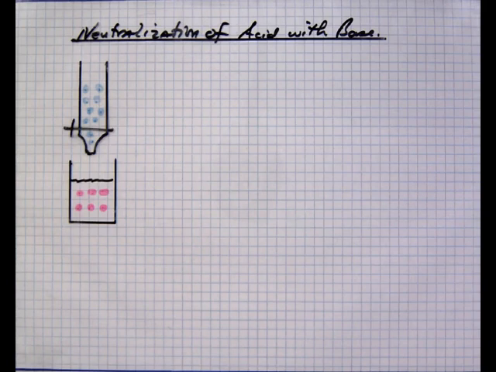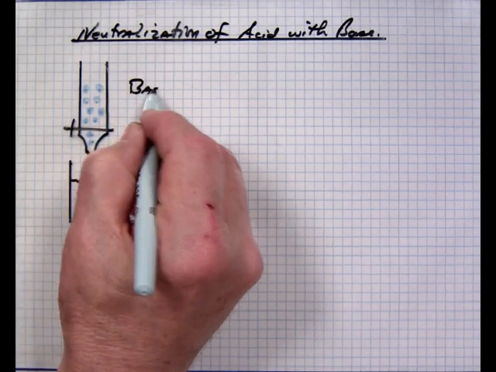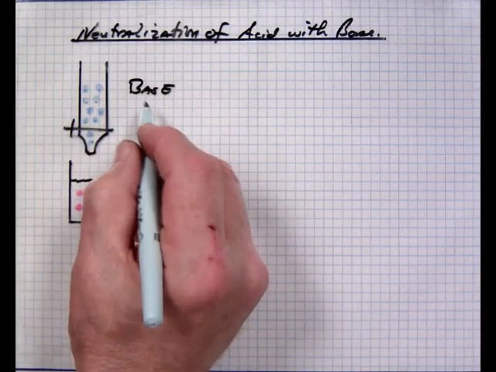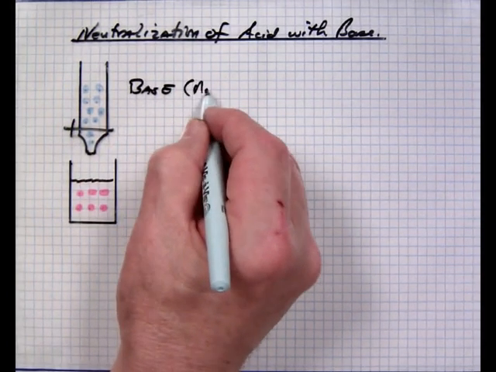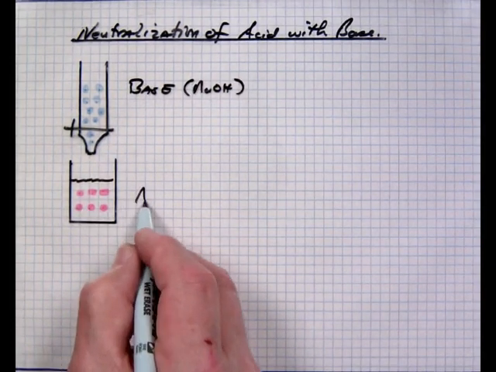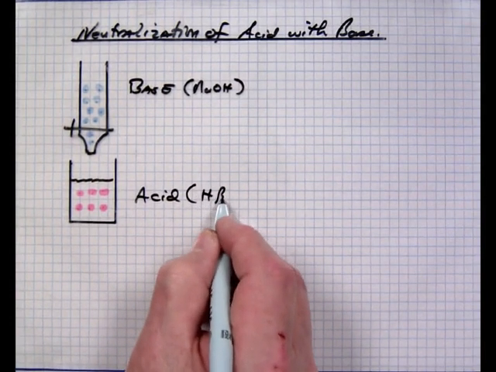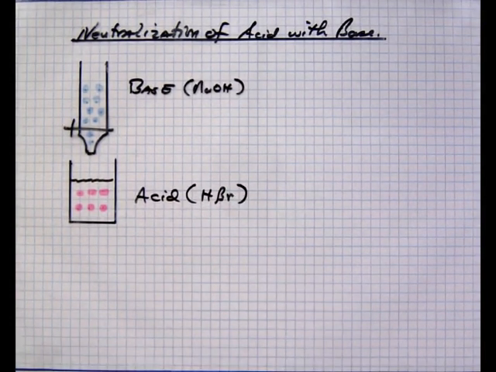Now, to expand on the neutralization problem just a little bit more, let's look at it from a practical standpoint. Let's say that we have a base in a burette, in this case NaOH, and in the beaker we have an acid, red dots, say HBr.